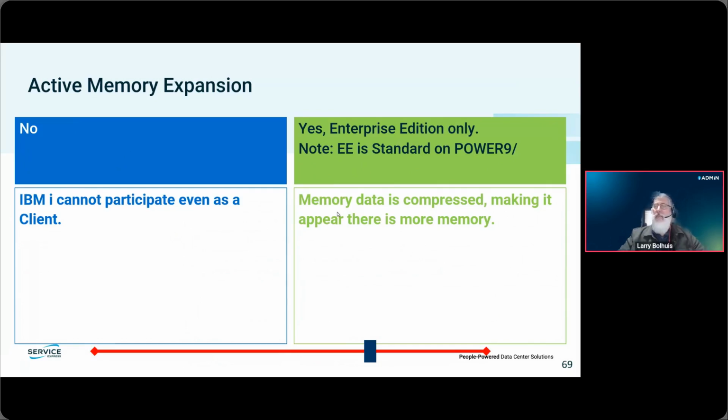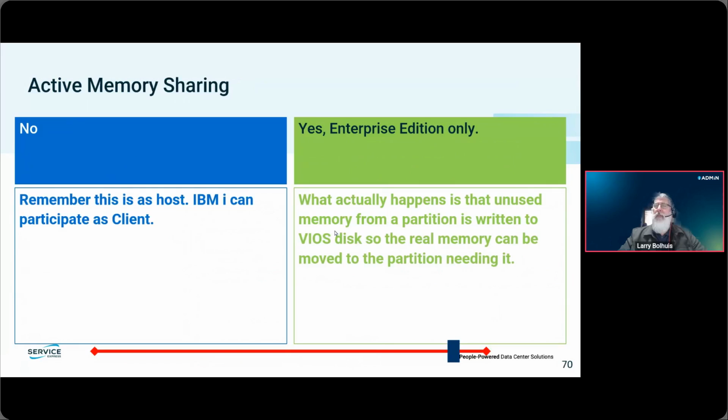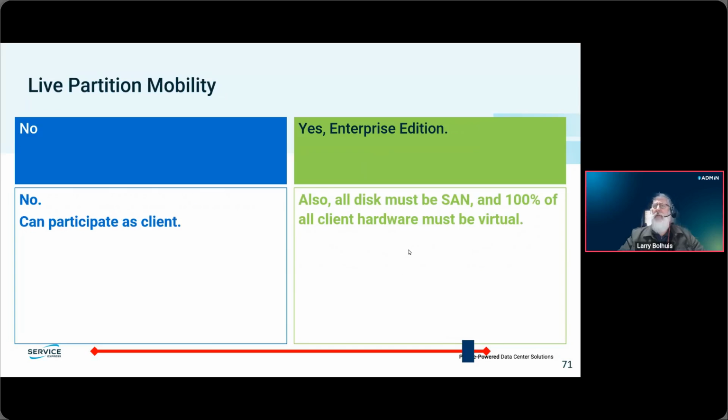I can do that with VIOS. Active memory sharing, IBMI can participate as a client here, but only as a client. And in Enterprise Edition, I can take unused memory from a partition. It gets written to disk, and then I can let another partition use that memory. So it's kind of borrowing, right?